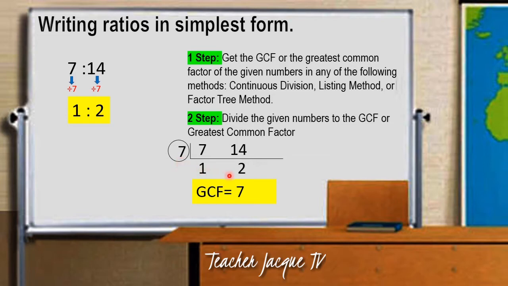Same lang dun sa nakuha natin sa continuous division method kung saan tayo nag-stop nung prime numbers na yung nakuha natin. Ang prime numbers na nakuha natin ay 1 and 2. So, ganun din yung sagot natin sa simplest form ng 7 is to 14. 1 is to 2 din ang naging sagot natin.